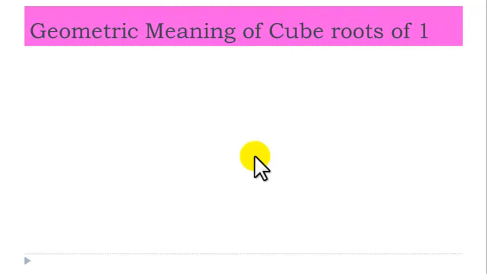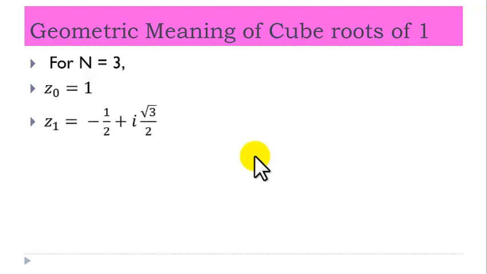Let us look at the geometric meaning of the cube root of 1. That is for n equals to 3, z0 equals to 1, z1 equals to minus half plus i root 3 over 2, while z2 is equal to minus half minus i root 3 over 2. So we show this geometrically as follows.